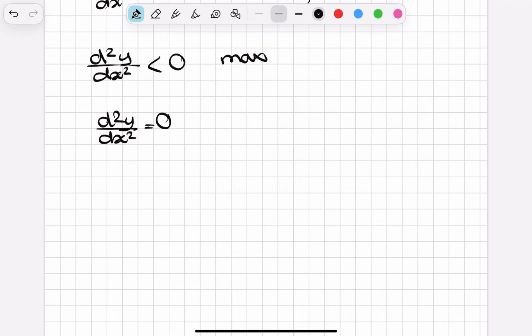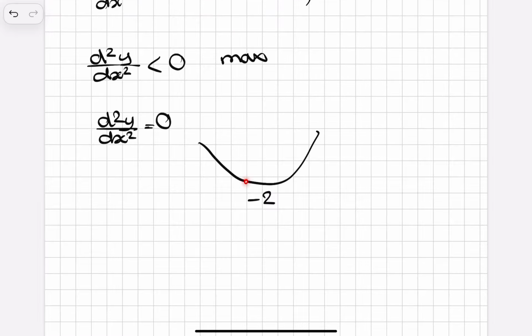The way we test for point of inflection is by gradient testing. So imagine the point minus 2. What we do is we test for gradients of points right beside minus 2. So in this situation, we check minus 1.9 here and minus 2.1 here.